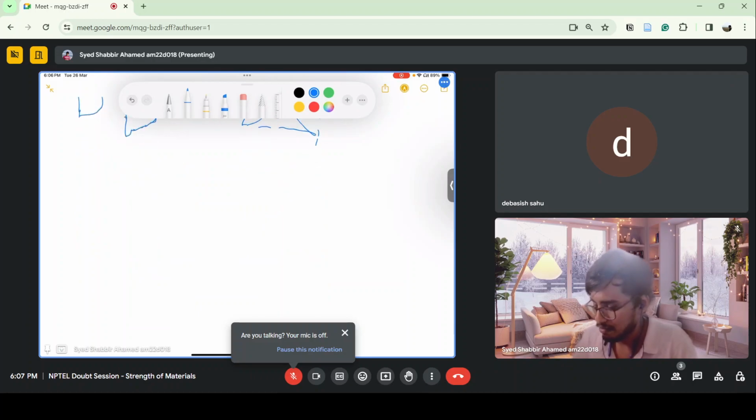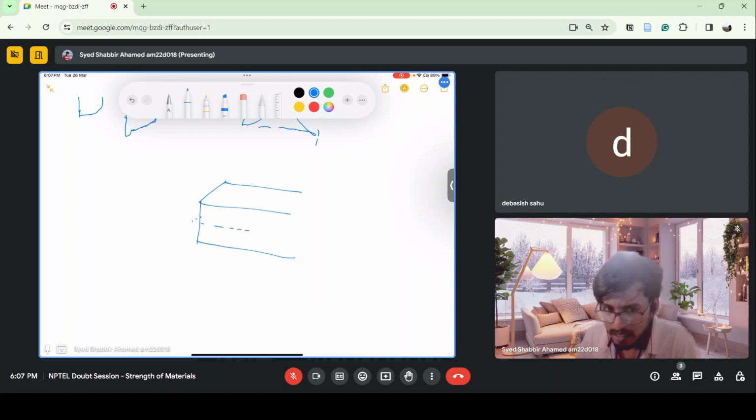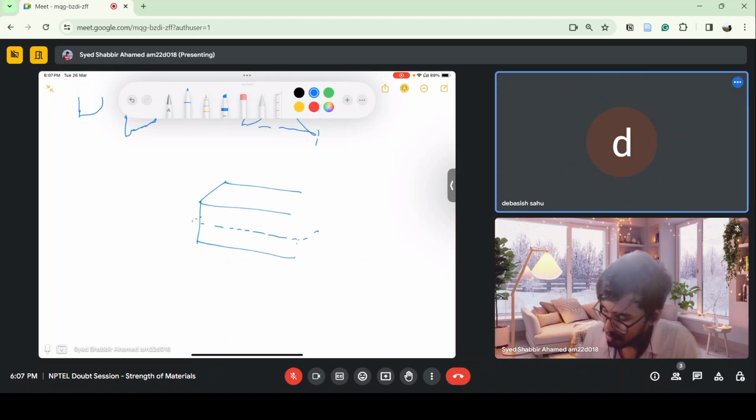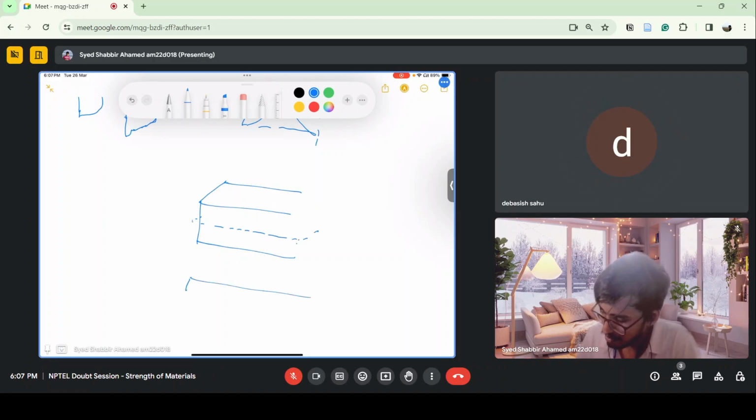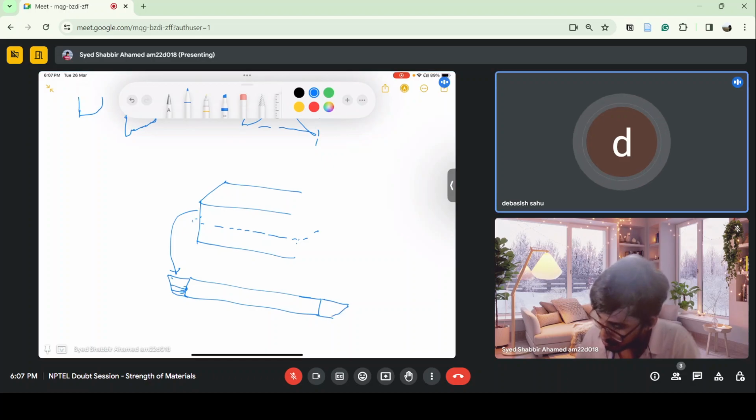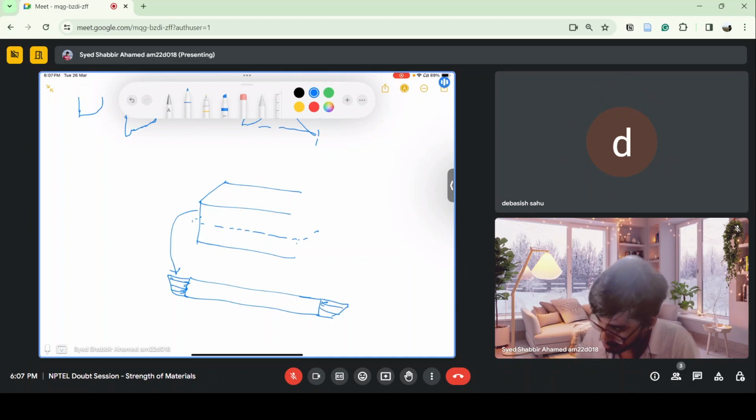Okay, you are saying about this. We have taken a beam, and here we have cut a section, and then we get this. If I take the top part only, there are bending stresses due to variation in bending moment. Let's say this is distance dx.